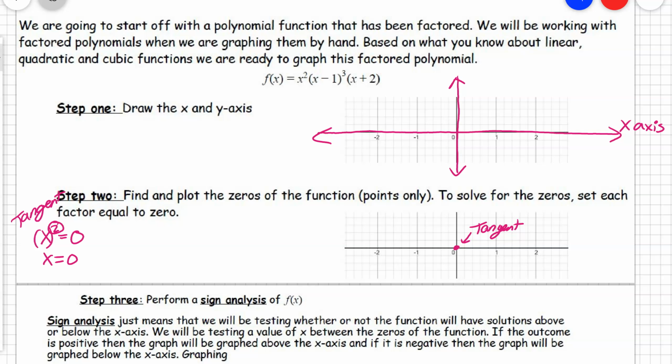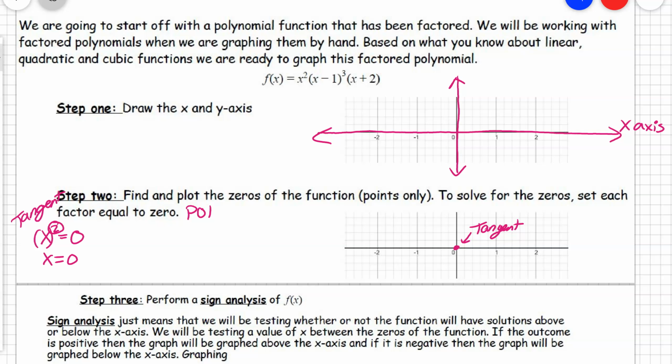All right, now the next one is going to be x minus 1. Now that's a cubic, so when it's cubic, that's going to be our point of inflection. I just need to set the inside binomial equal to 0. The first step, if it's cubic, is to solve that. That looks like a mess. I'm going to start over.